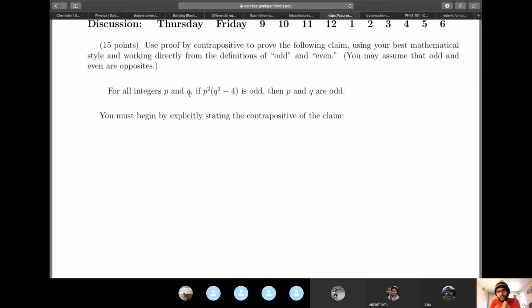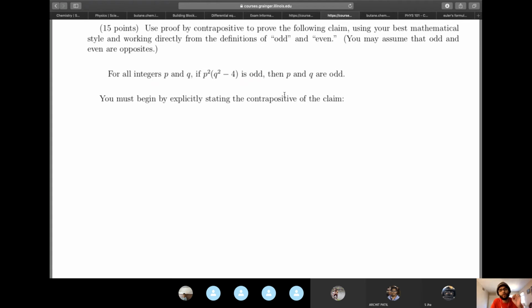But this particular statement is slightly tricky. It says that for all integers p and q, if p squared multiplied by q squared minus 4 is odd, then p and q are odd. Now we have to prove this, but they have said to use proof by contrapositive. So we have to use the contrapositive proving technique.